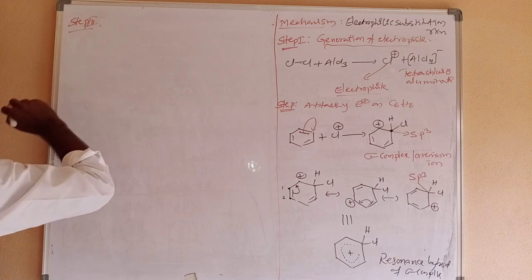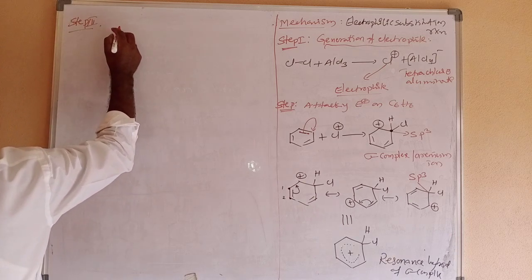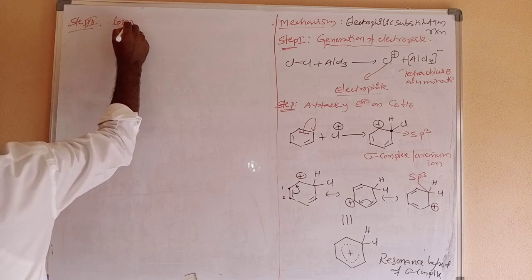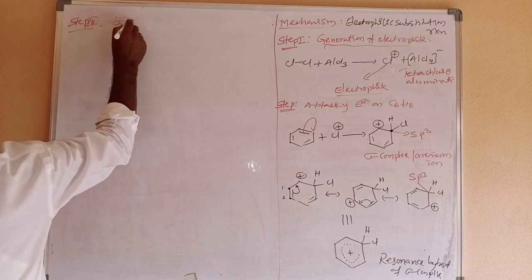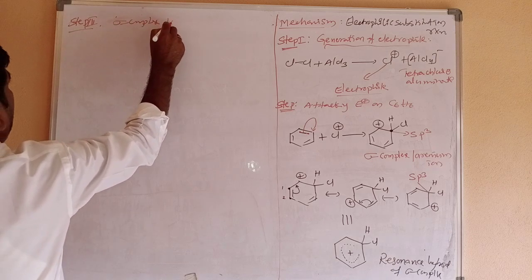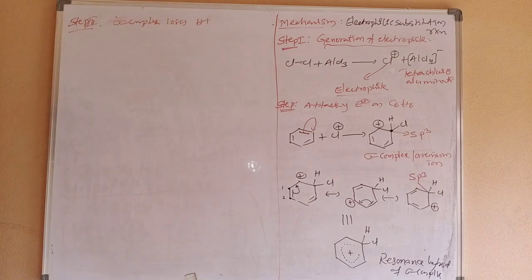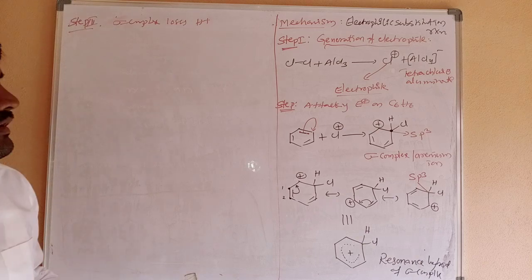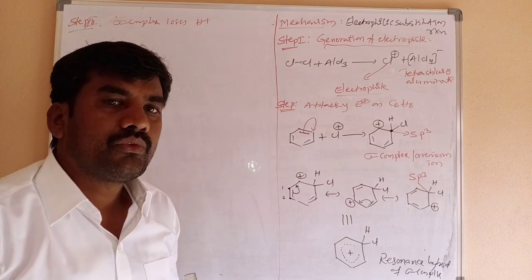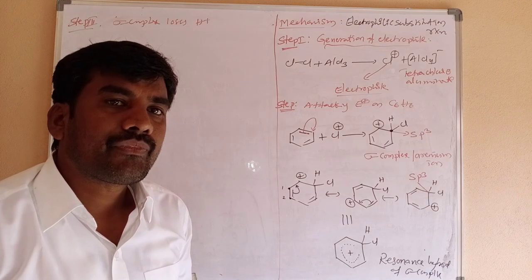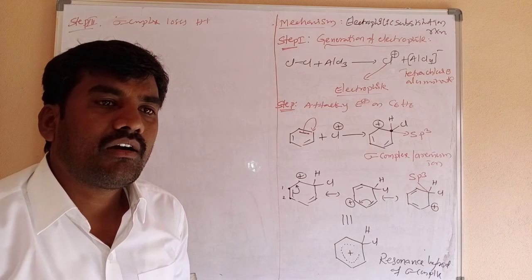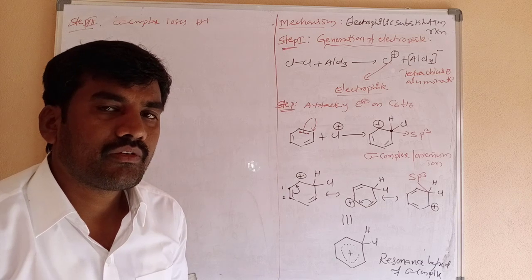In step 3, the sigma complex loses a proton to restore its aromatic character. The sigma complex loses one proton to restore the aromatic character of benzene.